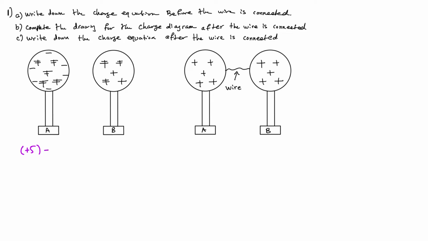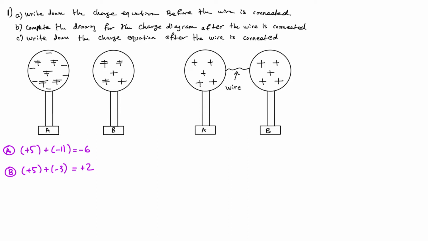So this is plus negative 11, and that gives us negative 6 for A. For B, we have 5 positive charges, and we can count 1, 2, 3, 4, 5, and we have 1, 2, 3 negative charges, so plus negative 3, which gives us positive 2. Those are the net charges initially, before we connect the wire.